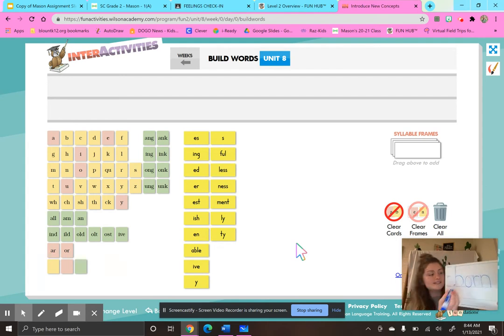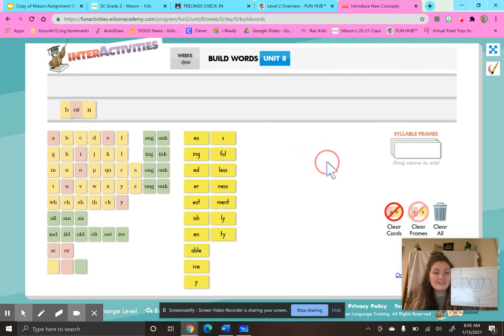It's one syllable. It's an R-controlled vowel syllable, and O-R says or. If I were to show that on a magnet board, it would be b, or. Notice it's like a vowel card, b, or, n. Born. It's one syllable, but it is an R-controlled vowel syllable.